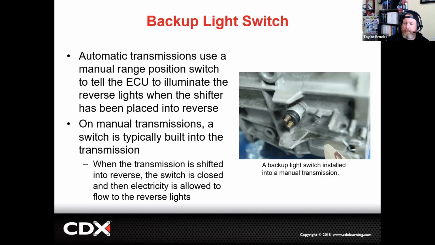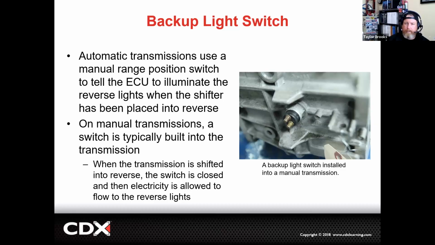The PCM will look at what throttle response the driver is giving. That solenoid will activate, and then you will not be able to shift straight from first into second. The way around that is to give it more throttle in first gear, and it won't ever get into that parameter. The other one that all transmissions tend to have is the backup light switch.